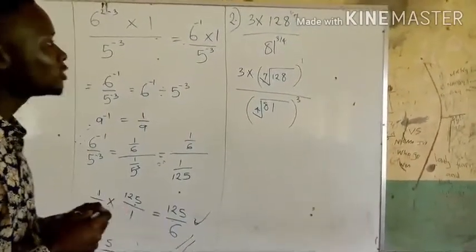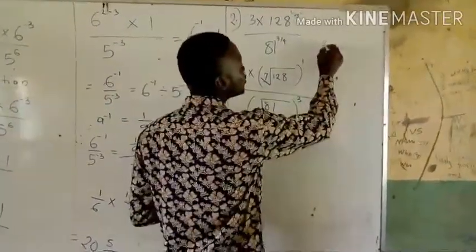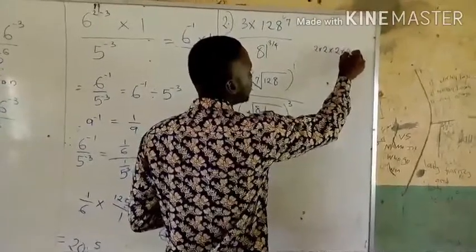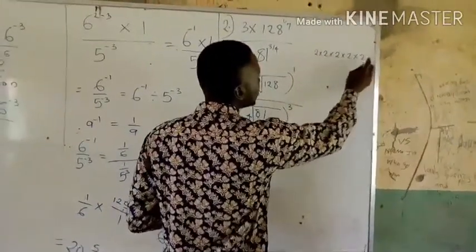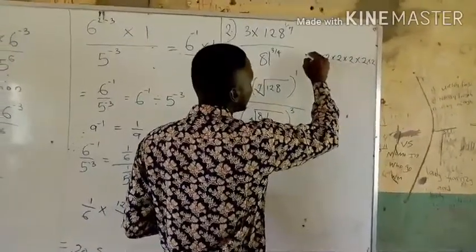So now let's look for the 7th root of 128. Definitely it's going to be 2, because when you say 2 times 2 times 2 times 2 times 2, how many places? Times 2, 1, 2, 3, 4, 5, 6, times 2, 7.